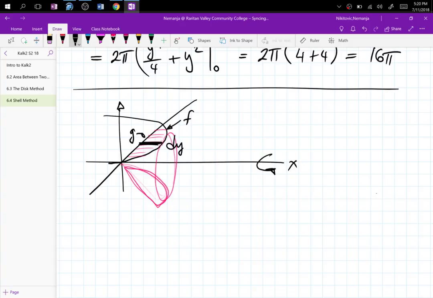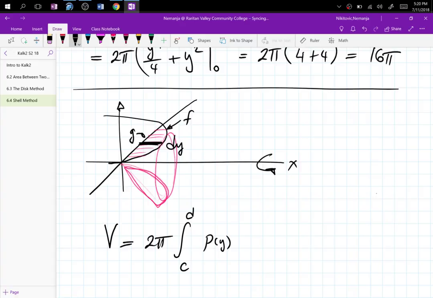So now, to set up this particular integral, we would just say volume is equal to 2 pi integral from c to d, because we are doing dy, and now you're going to have f of y, p of y. In our case, if you're rotating on the axis, then that's just y.